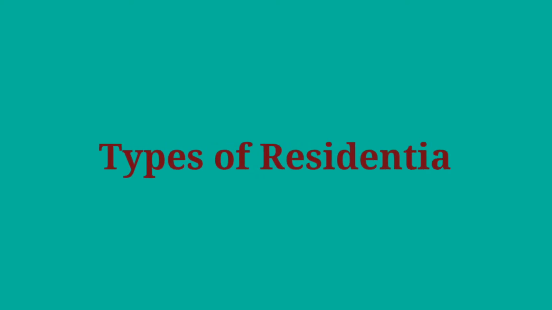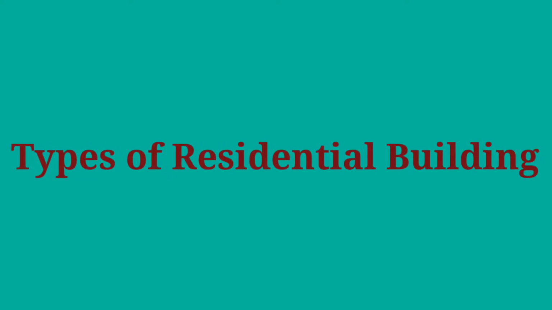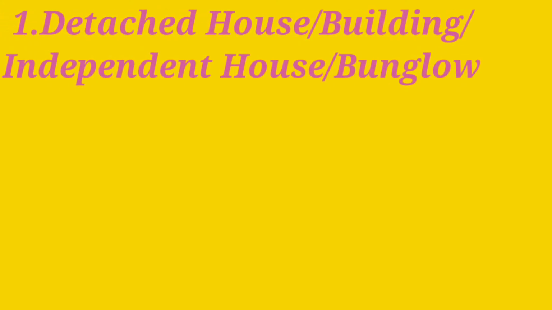I am Shashikant. In this video, we will learn about types of residential building. First is the detached house, or you call it a detached building, or independent house or building.